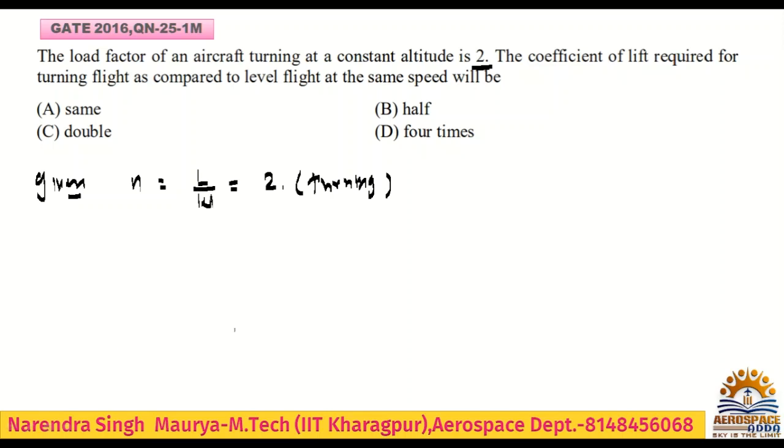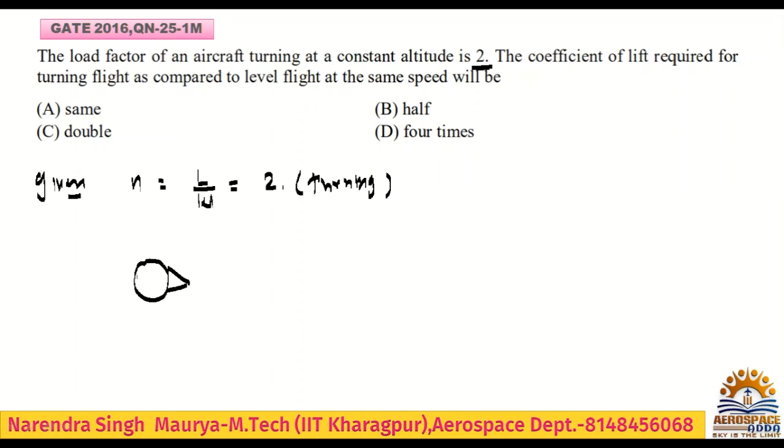Two conditions are given: the turning flight condition, with a load factor, and they are comparing that load factor during turning and level flight. So first we'll draw the level flight and write that value.